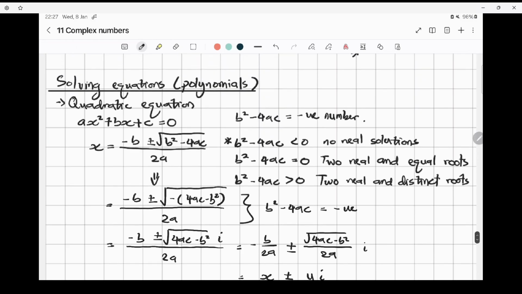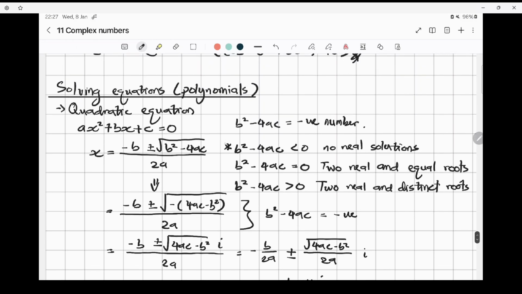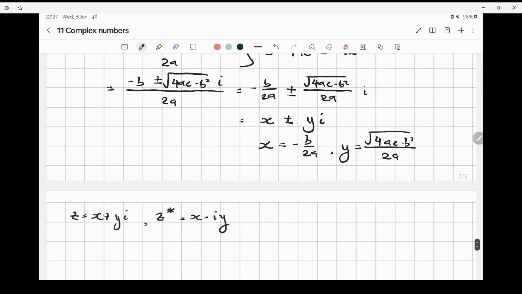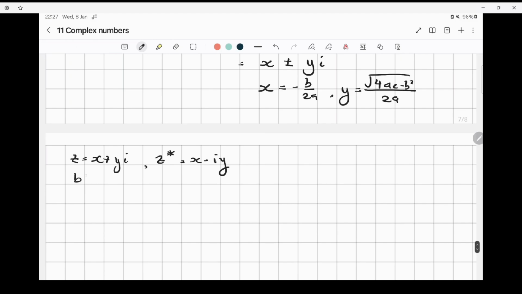So therefore we can update this particular rule, this one here, to say that when b squared minus 4ac is smaller than 0, what you actually have is a complex conjugate pair.